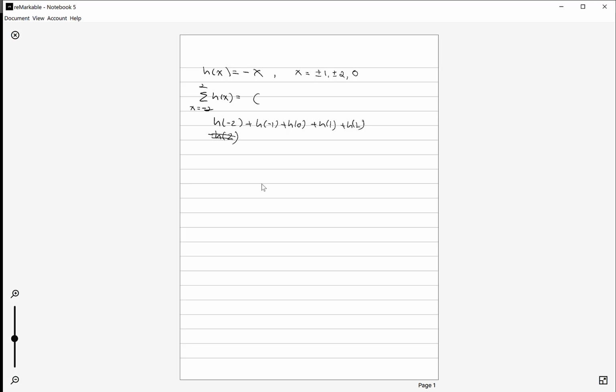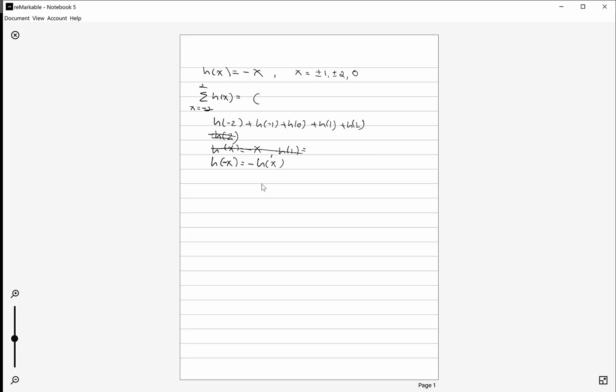So h of x is equal to minus of x. It's an odd function, so h of minus x is minus of h of x. We know that this condition holds true because this is an odd function.